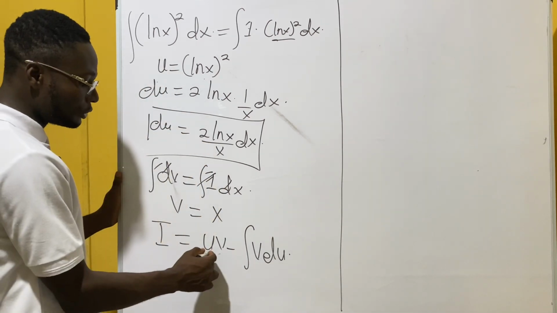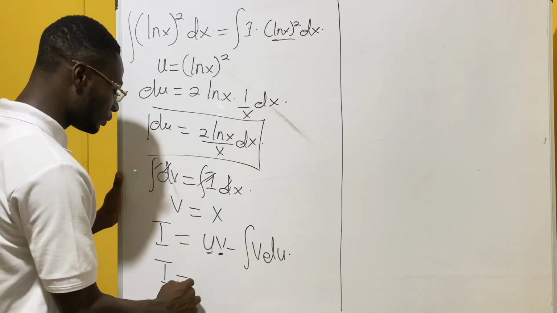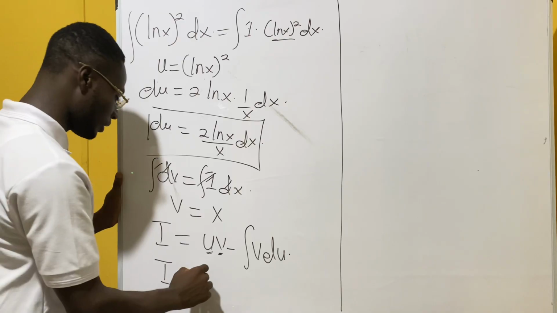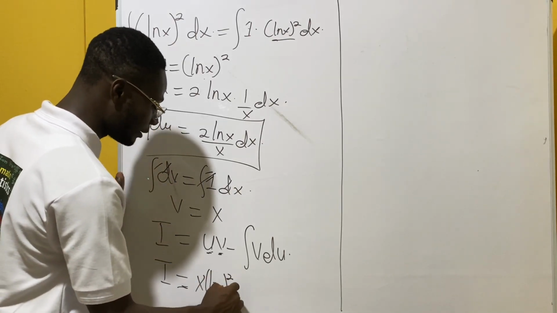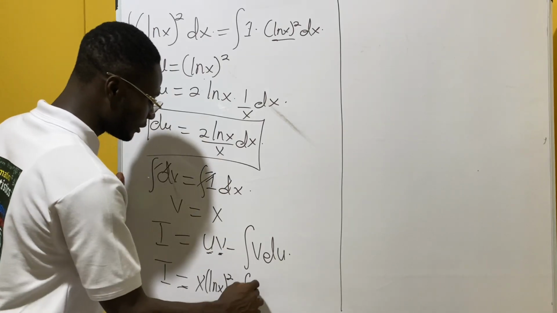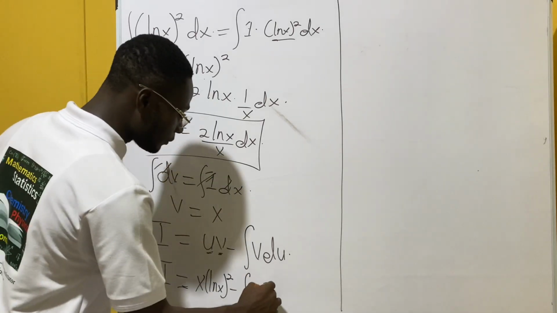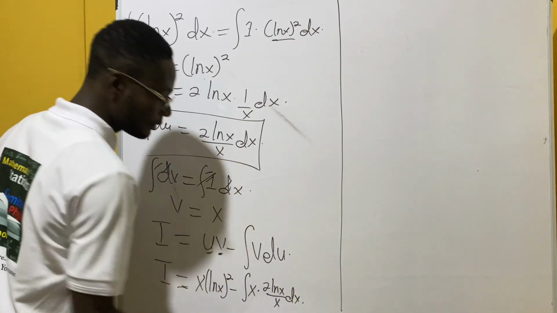Now we know u, we know v, so we have I equal to our u, which is ln x all squared, and our v is x. So we have x ln x all squared minus integral of the v, which is x, times du, which is 2 ln x over x dx.